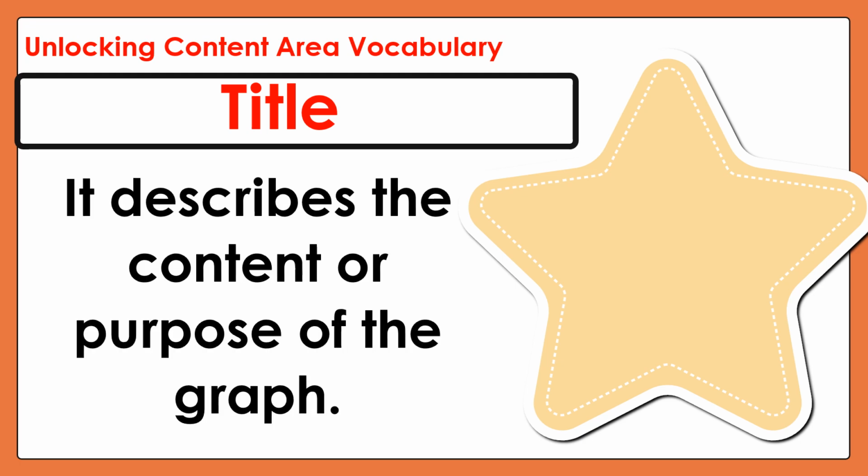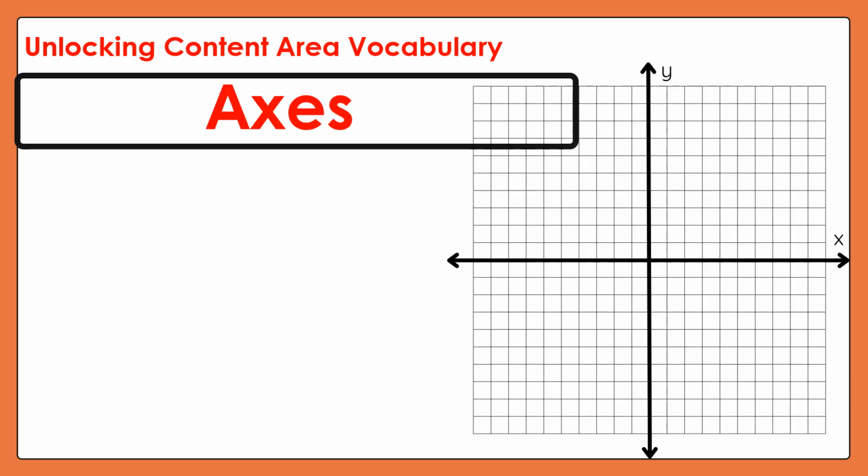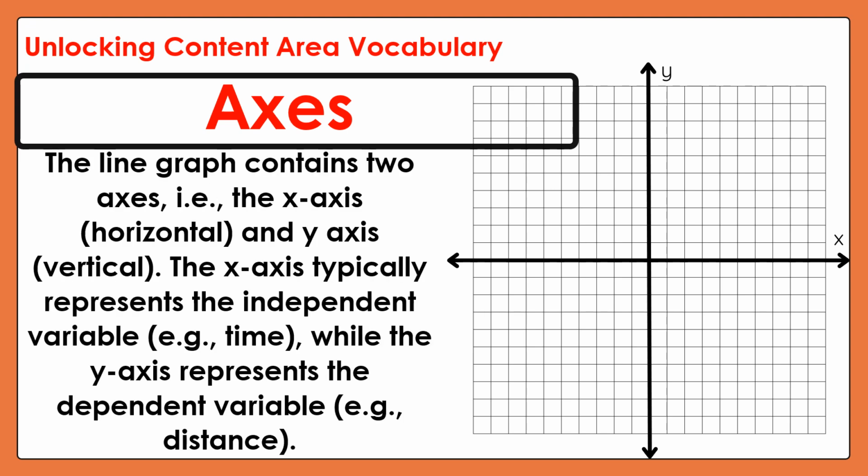Title. It describes the content or purpose of the graph. Axis. The line graph contains two axes. Example, the x-axis or horizontal and y-axis or the vertical.